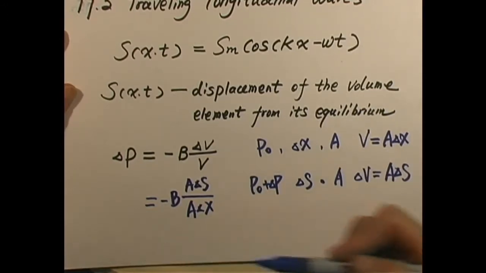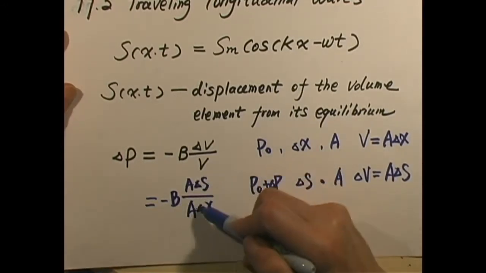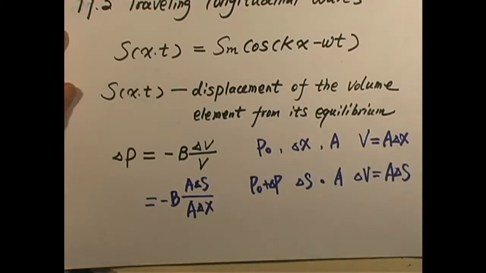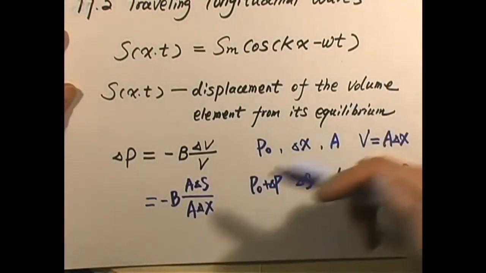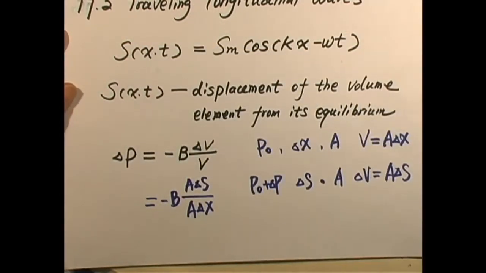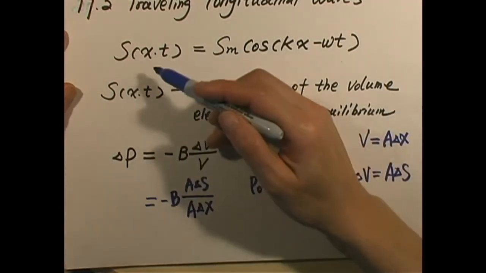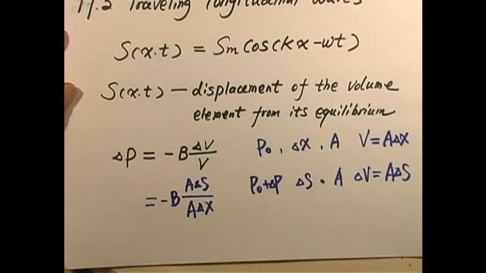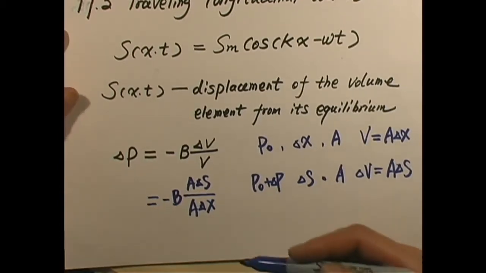We have a very interesting situation: delta, as a matter of fact, means change. If we look at this displacement, it is associated with two variables, x and t. When that happens, we do not use the regular differential, dx or ds, we use partial differential.